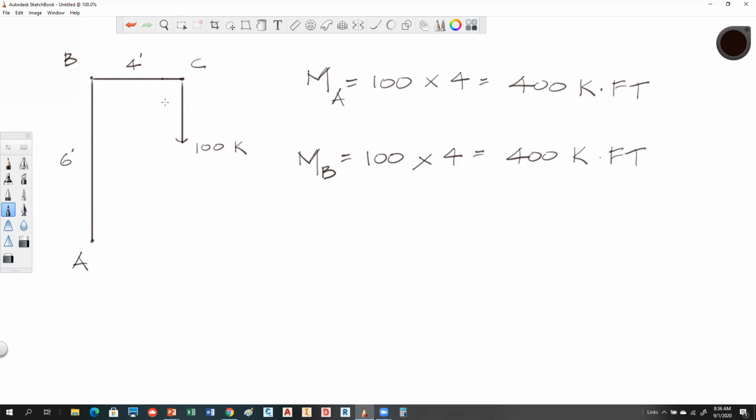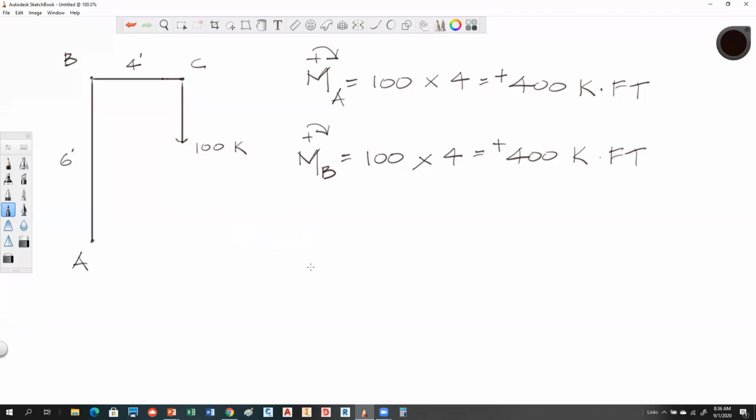It truly doesn't matter what you use, okay, as long as you're consistent. So you have to be consistent throughout a problem. So if you say moments are always clockwise and they're positive, then you just have to roll with that always. So if I assume that clockwise moments are positive, then I would say that this is a positive 400 in both cases, okay? So that's also important to know, okay?